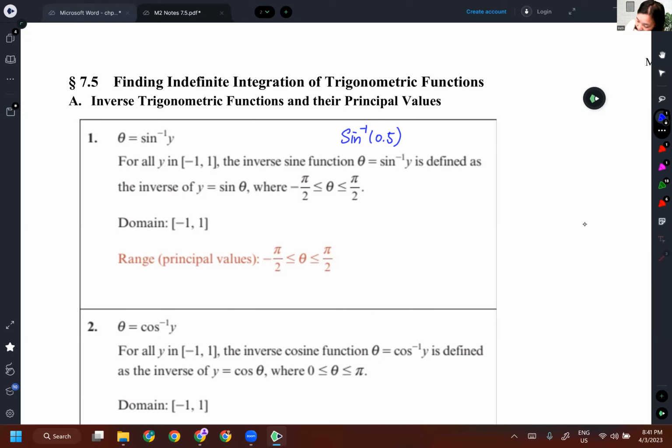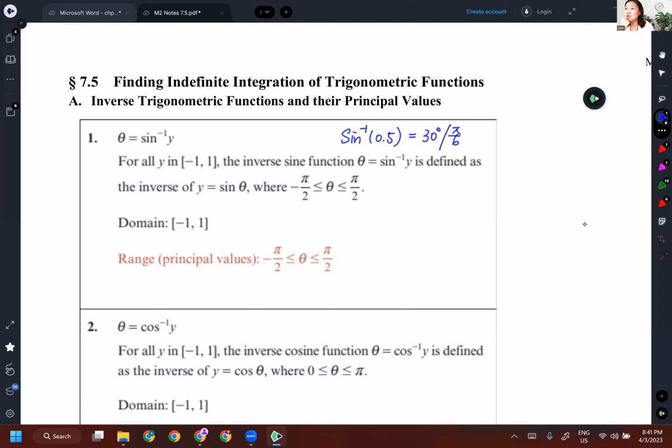For example, here the outcome is 30 degrees, or you can say pi over 6. Of course, sine 150 degrees also has sine value 0.5, but the outcome is not that. The outcome is precisely pi over 6.